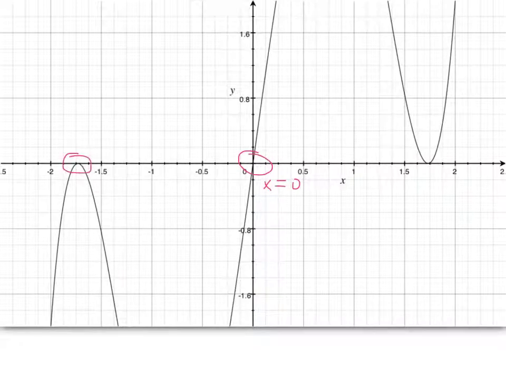We're going to have one at around negative 1.7-ish. It looks like it's actually a little less, negative 1.6-ish. And we have this nice symmetric 1.7-ish on the other side.